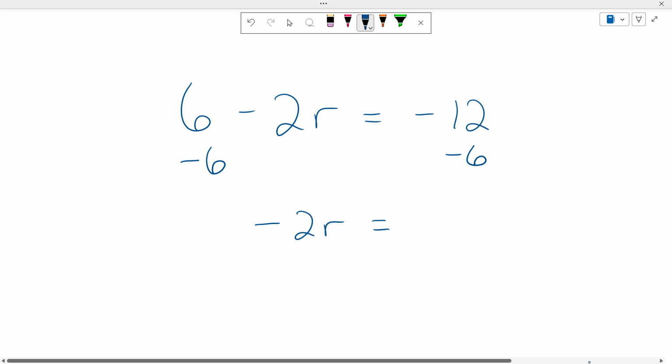Ben? Negative 18, because we are at negative 12 plus a negative 6, which makes a negative 18. Negative 12 minus 6 is the same as negative 12 plus a negative 6. That gives us negative 18. That's one step, but we're not done.